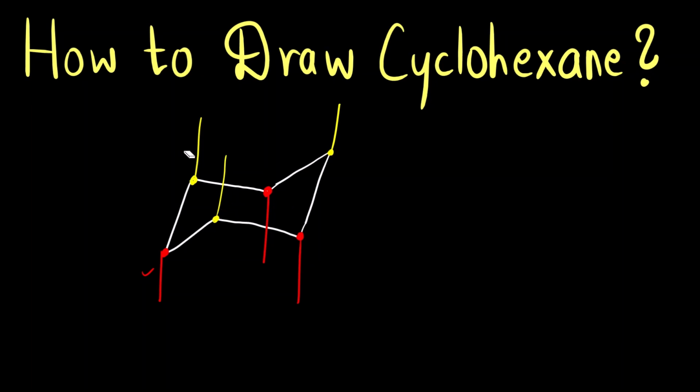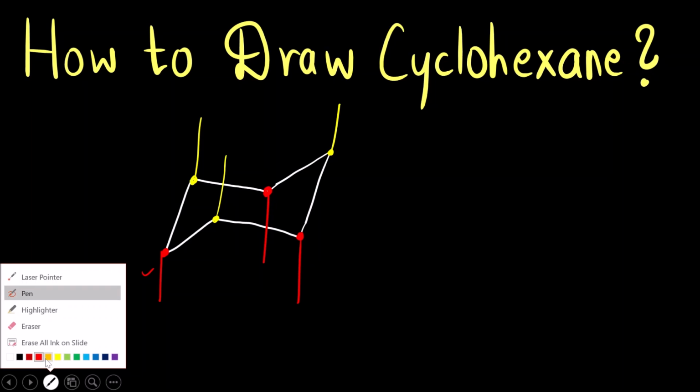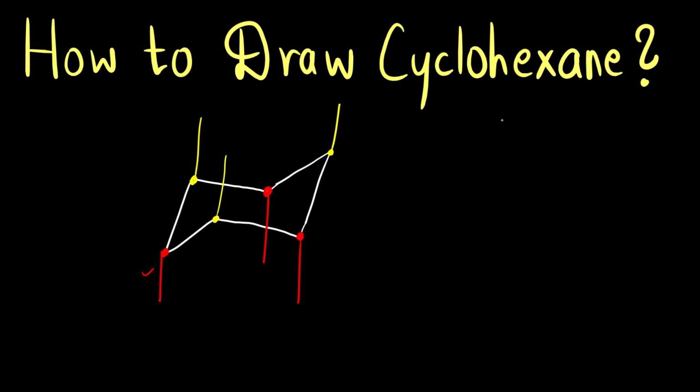Now it is very important to know how we draw the equatorial bonds. As I told you, the bond angle is 120 degrees. Suppose for this carbon, if I want to draw the equatorial bond, if I draw like this, is it going to be correct? No, because here the bond angle is not 120. Suppose if I draw like this, is this correct?